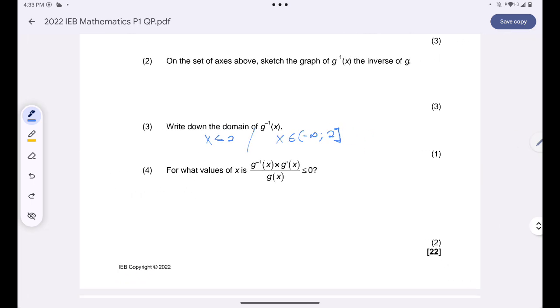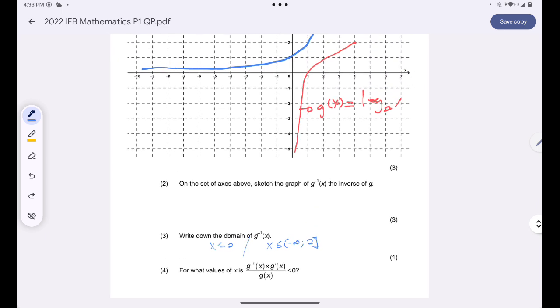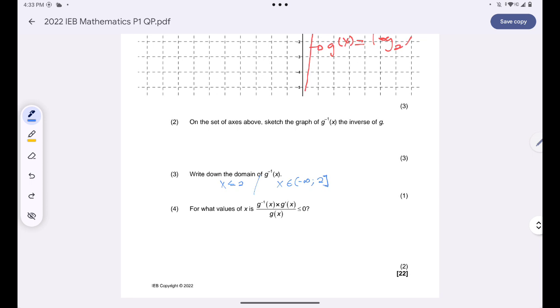Okay, and then now we are being asked for which values of x will the inverse of x multiplied by the gradient of x, all over the graph of g of x, be less than 0. Okay, the derivative of g of x, my graph of g of x is forever positive. Are you together?